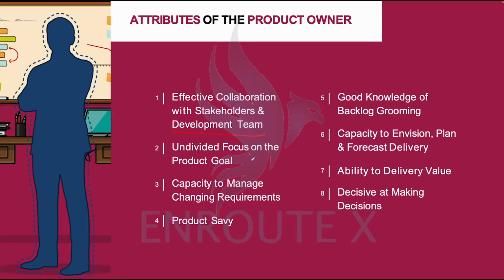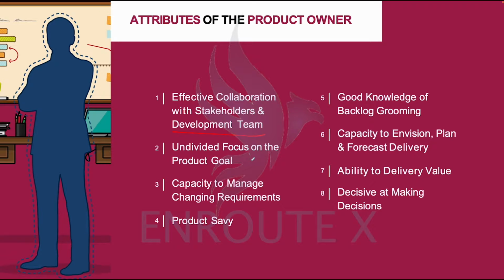Those are essentially soft skills. He or she must be able to engage with the stakeholders adequately, to have a clear understanding of what the stakeholder wants, and also engage with the developers to communicate clearly what the stakeholder wants and ensure that the developers deliver it.